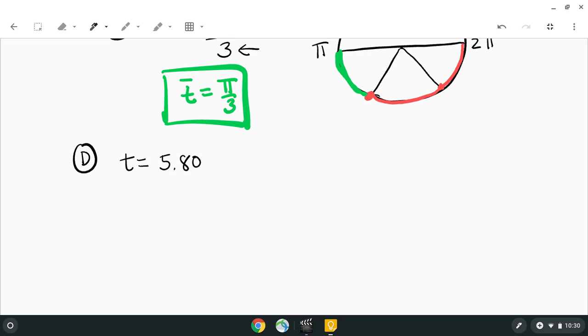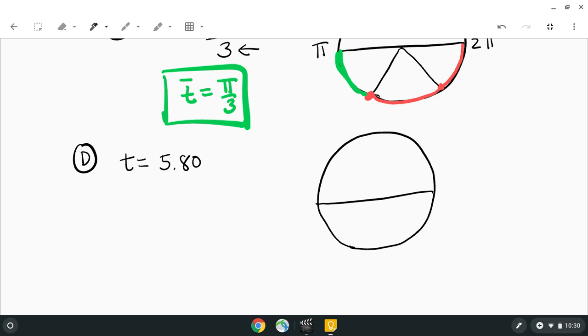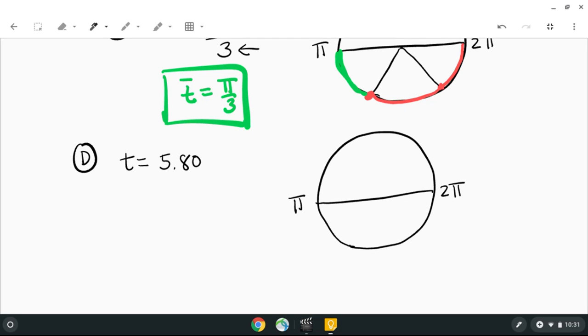Okay, so let me go ahead and draw my circle. Okay, so again, if you go halfway around, you only go a distance of pi. If you go full circle, you go a distance of 2 pi.